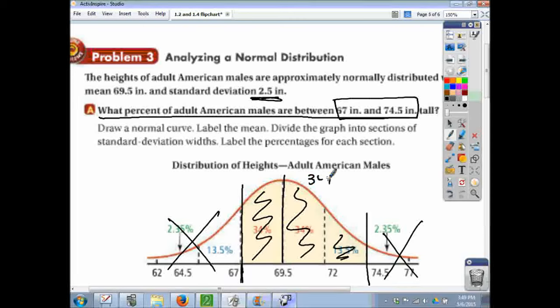So we've got 34 plus 34 plus 13 and a half. That's 81.5%. So 81.5, roughly 82% of adult males are between the heights of 67 inches and 74.5 inches.